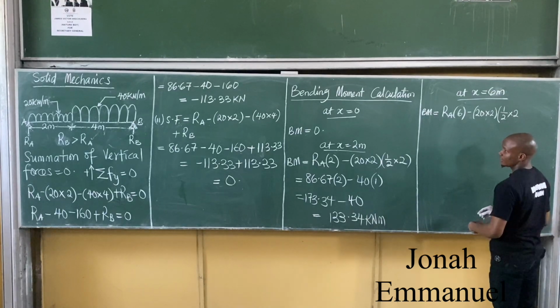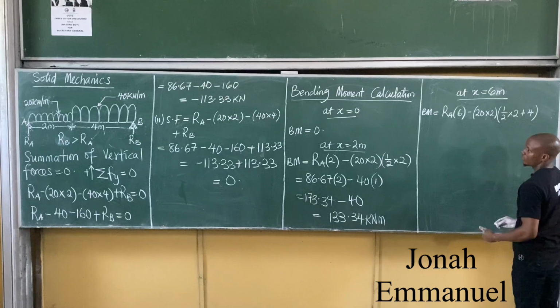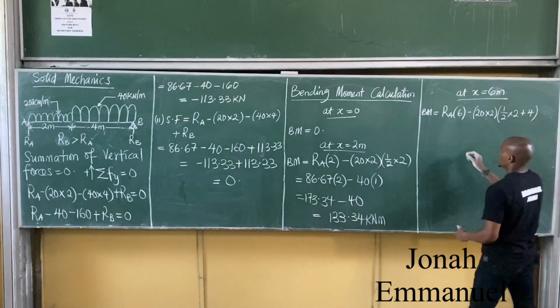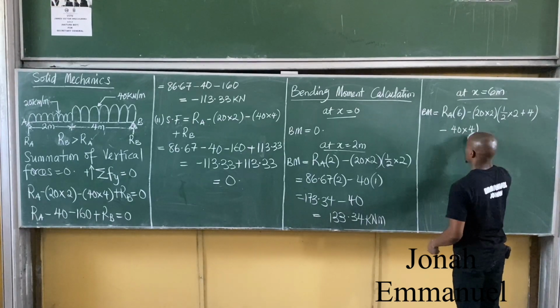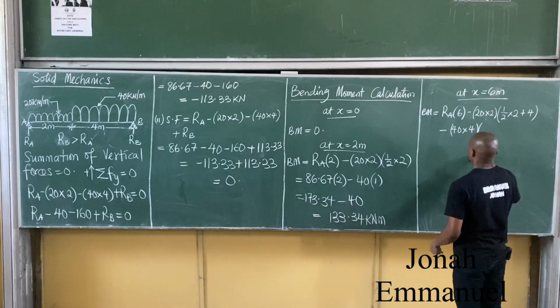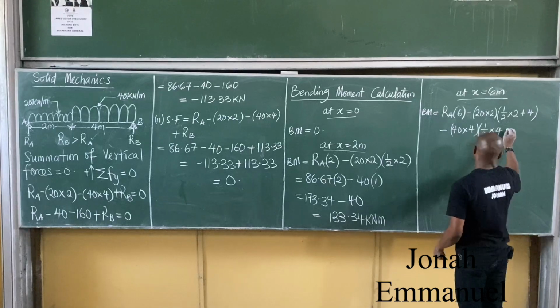Am I adding? Yes. Plus what there? 4. I'm having this. Is that all? Minus 40 times how many there? 4. Is that all? No. What again, times how many? Am I adding? No. Alright.